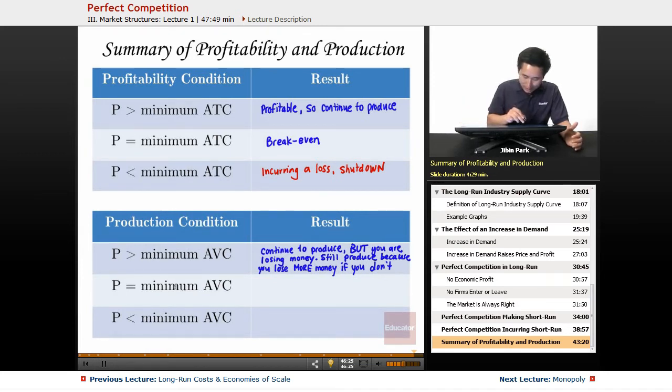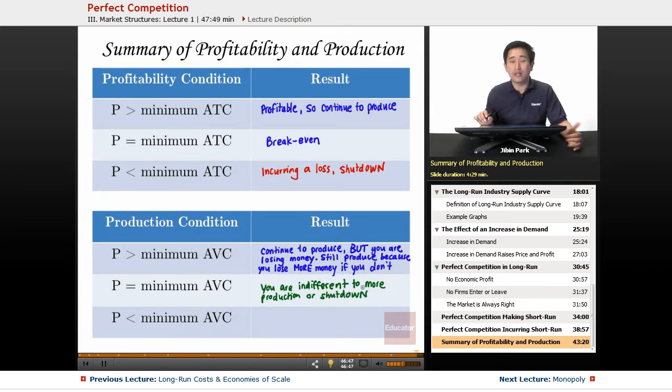Now, if price equals minimum ATC, you are indifferent to more production or shutdown.